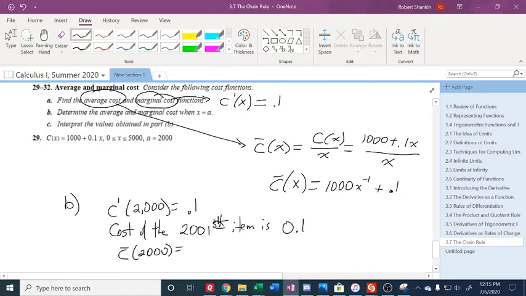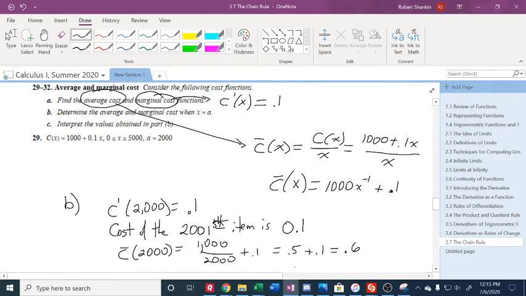Now this is not just the 2,000th item. It's the average cost of all 2,000 items is 1,000 over 2,000 plus 0.1, which is 0.5 plus 0.1, which is 0.6.